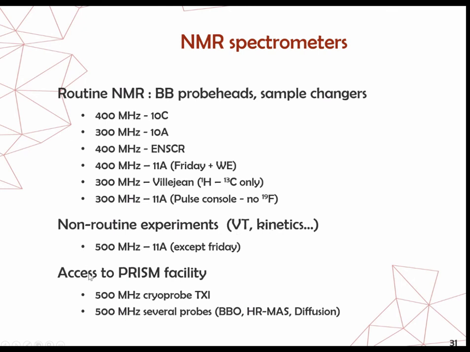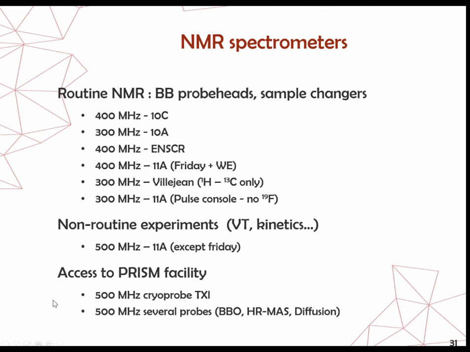And every user can ask to have access to the PRISM spectrometers in Villejean. One of the 500 megahertz is fitted with a cryoprobe. A cryoprobe works at room temperature. Your sample won't be frozen, but since the electronic parts are cooled with very low temperature helium gas, it decreases the noise, and so it increases very much the signal to noise ratio of your spectrum.